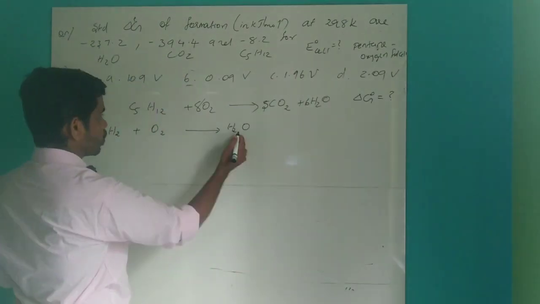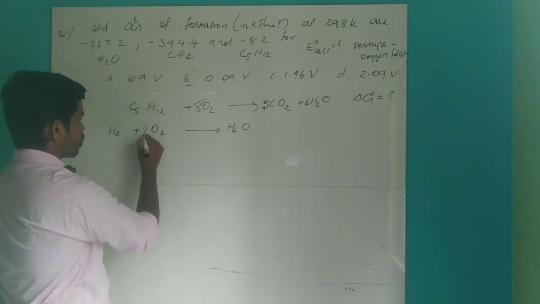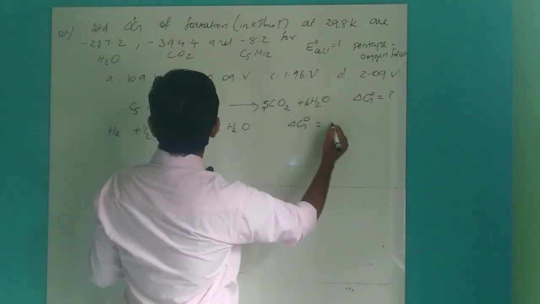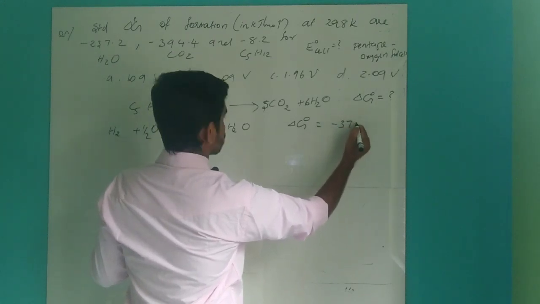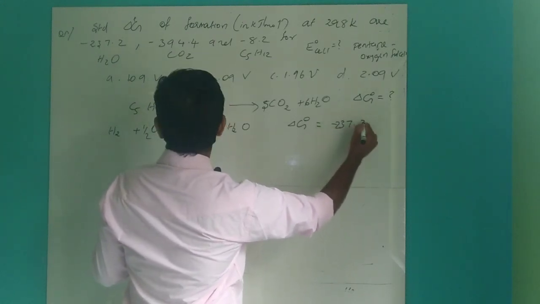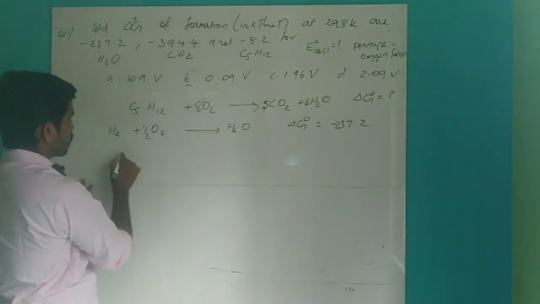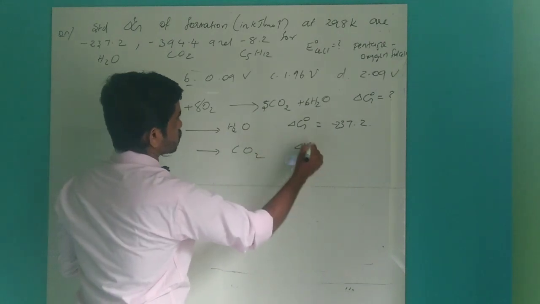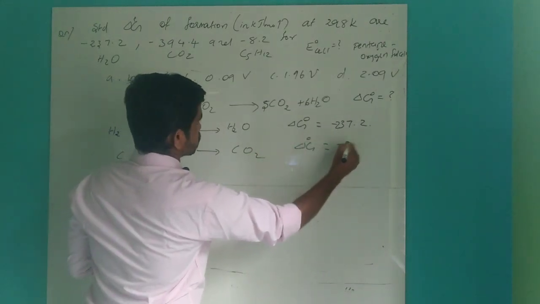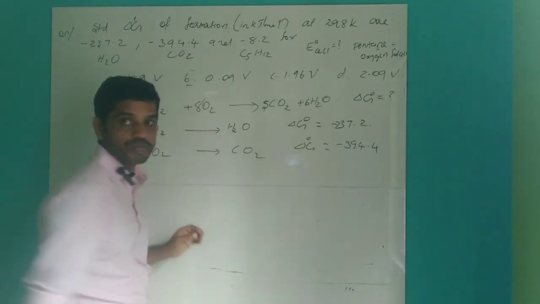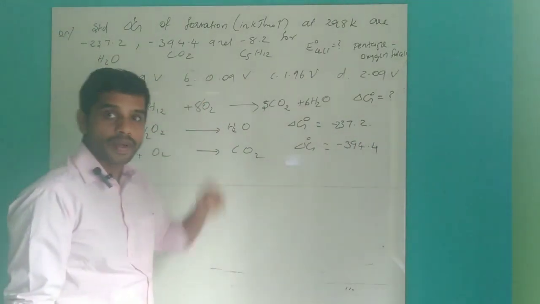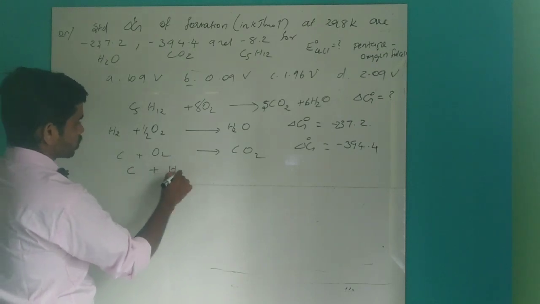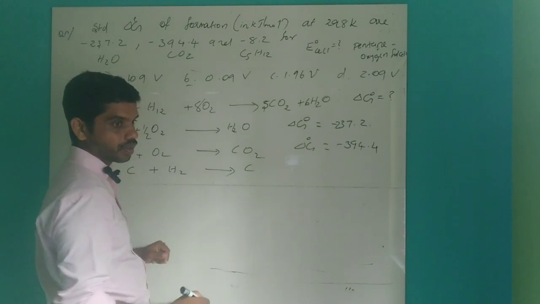So here one mole, so half oxygen. So delta G0 for this reaction is minus 237.2. For carbon dioxide, carbon plus oxygen gives carbon dioxide and delta G0 is minus 394.4, right?